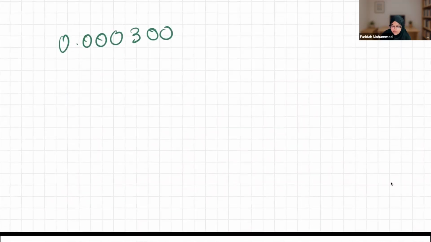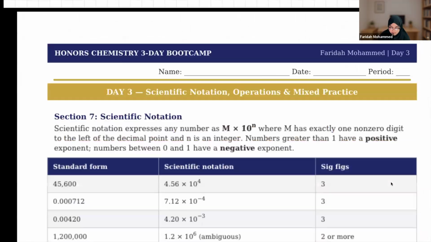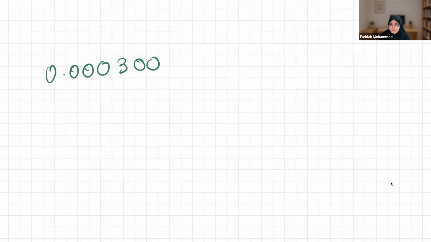Now, do this one. Convert into scientific notation and make sure to maintain the number of significant figures. If the significant figures are not maintained, think about how many sig figs the question has and how many sig figs your answer has.